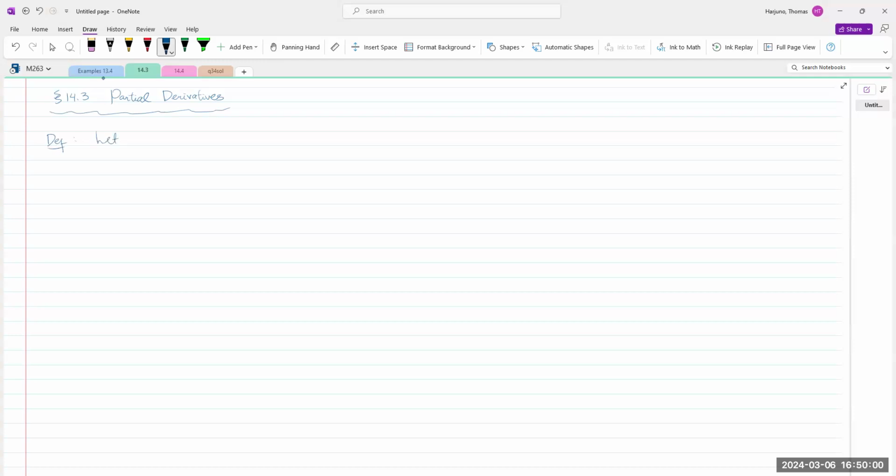Let f of x, y be a function of x and y. So x and y are the independent variables.